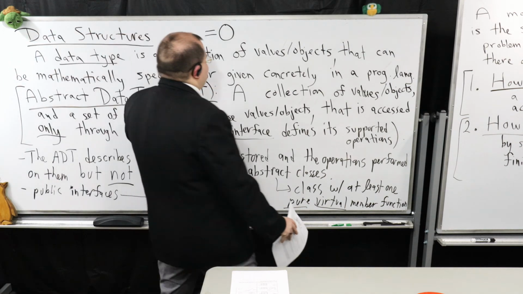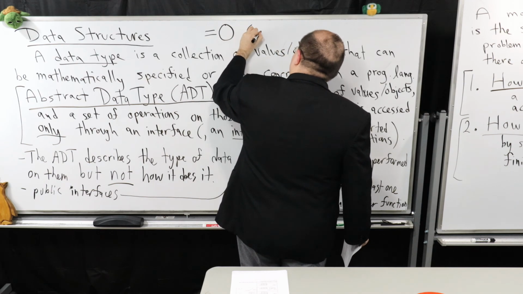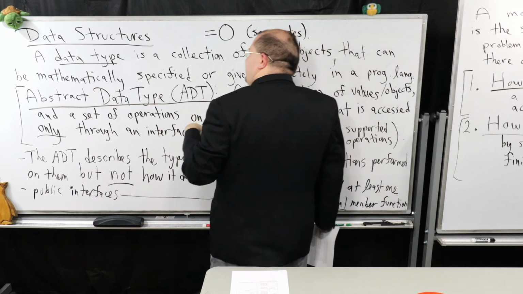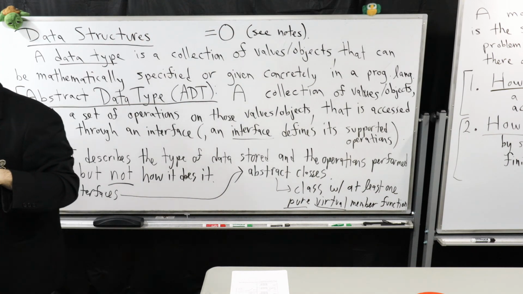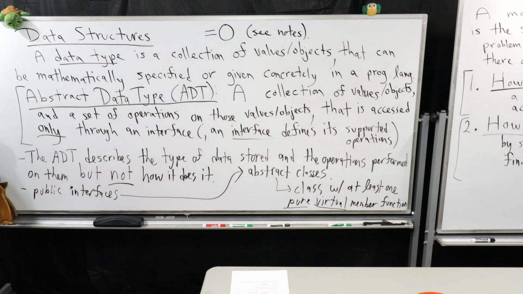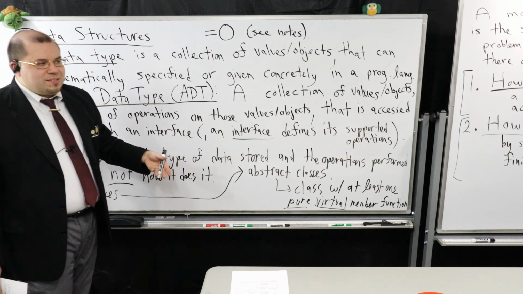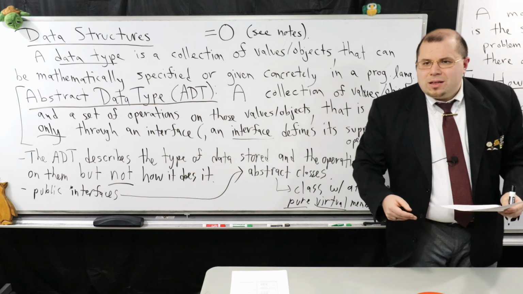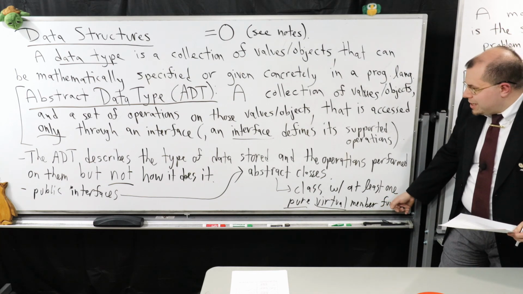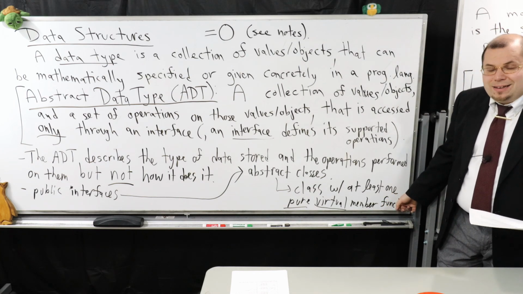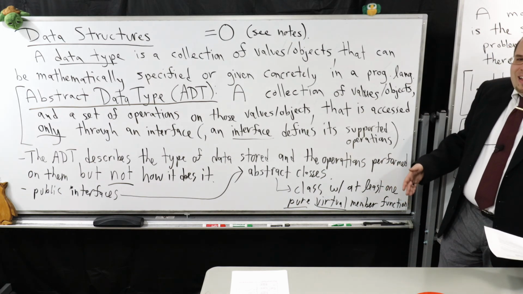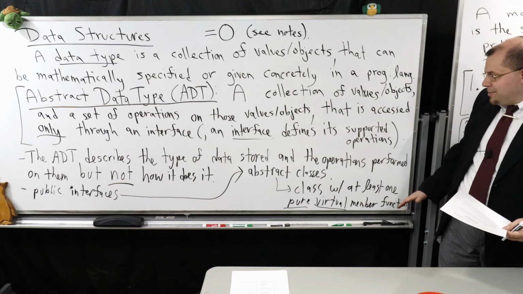So I'm going to ask you to take a look at the notes after class to see what I mean by this. I also give a couple of references to the C++ website. If you find yourself curious about virtual functions, they're a really neat feature. But this is how public interfaces can be created in C++. It's not quite as nice as a language like Java that has this feature baked right into it.